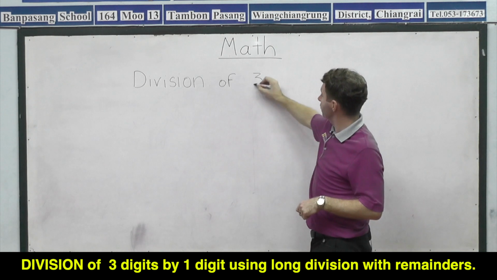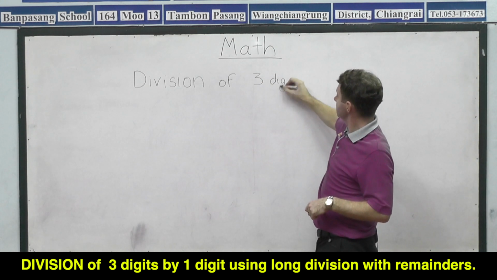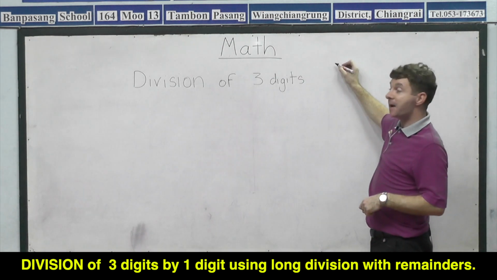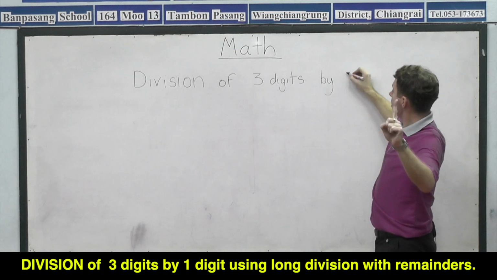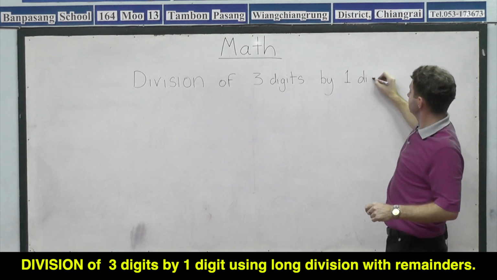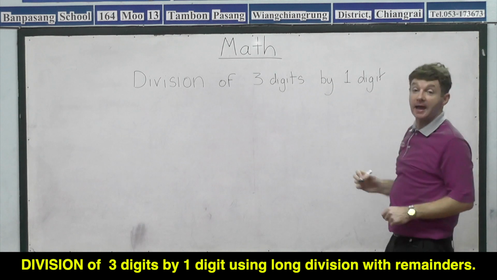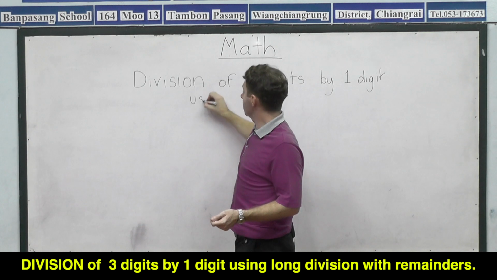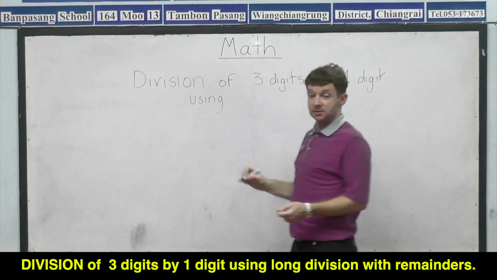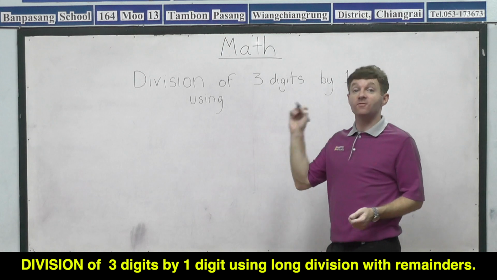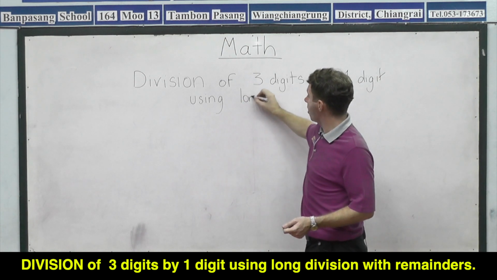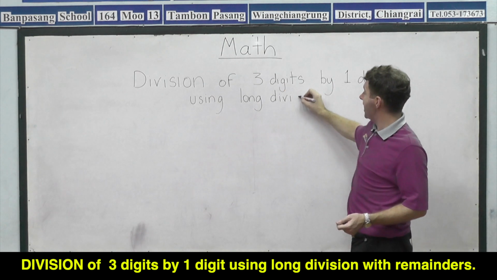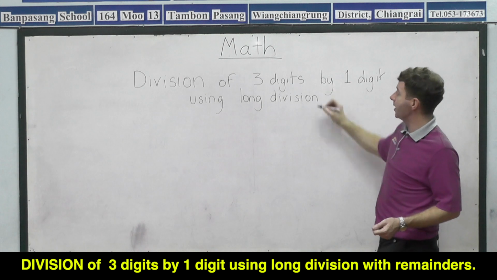Division of 3 digits by 1 digit. Excellent. Using, what method have we been using? Using long division. L-O-N-G. D-I-V-I-S-I-O-N.